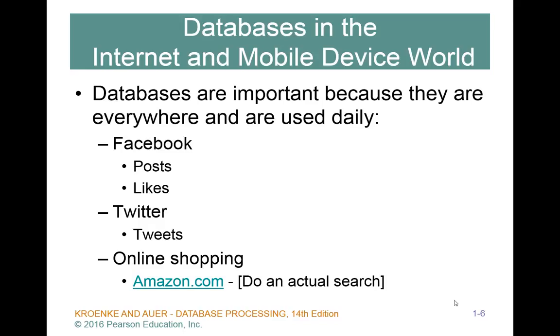Everything that we touch, whether it's Facebook, if we go to Google, any online shopping that we do, or online web browsing is driven by back-end databases that help facilitate whatever we're doing on our smartphones or our web applications or whatever it is that we're using.